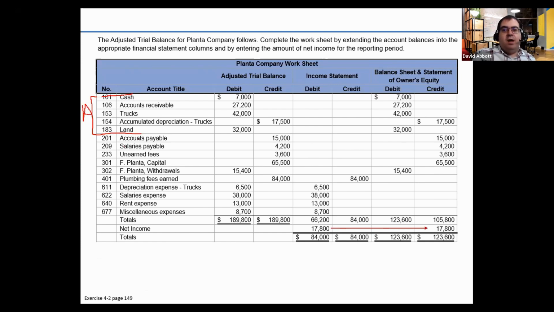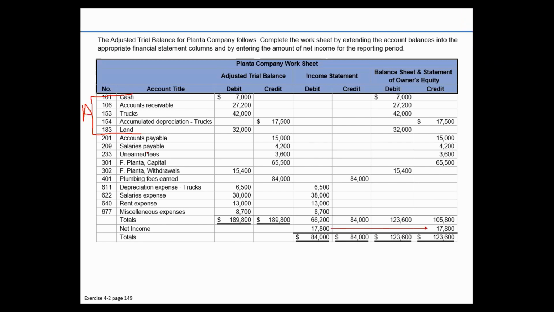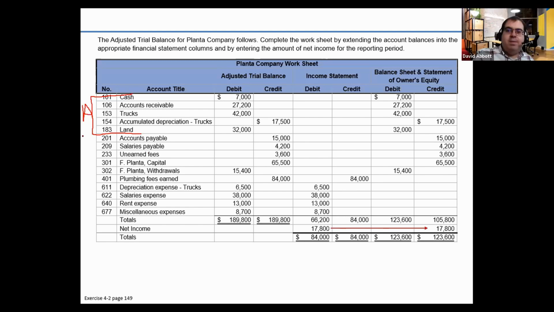Then we see here accounts payable, salaries payable, unearned fees. What would those be? A liability? Liability. Yeah, no, you're not muted. So those are liabilities. So where would liabilities and assets go?